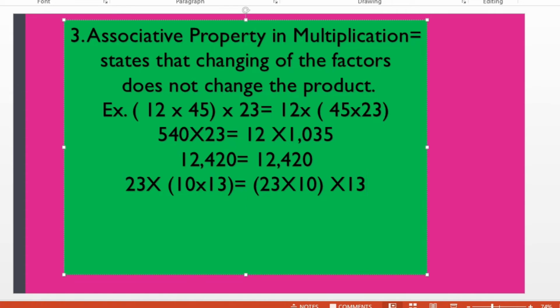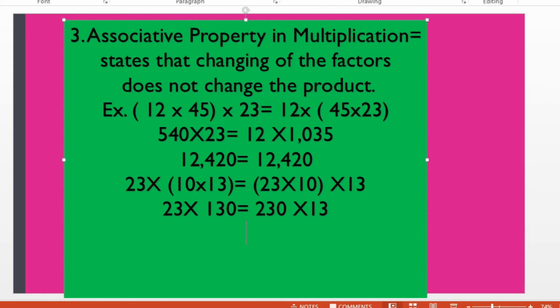Okay, let us check. So, ibaba muna natin yung 23. So, 23 times, so 10 times 13, that is 130, equals 23 times 10 is 230 times 13. So, let us check what is the final answer.